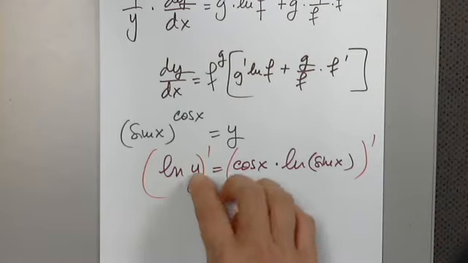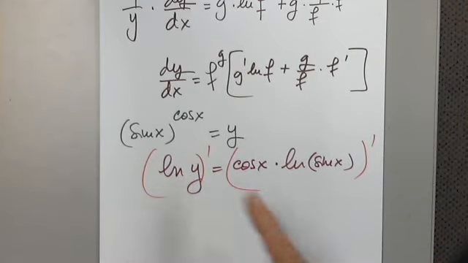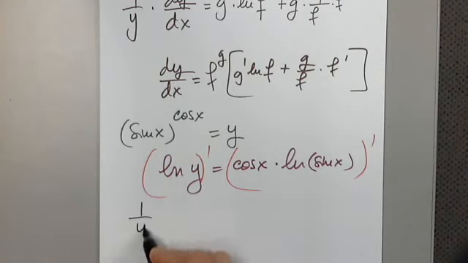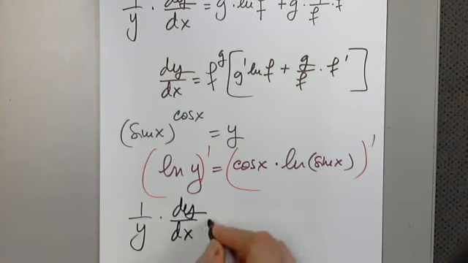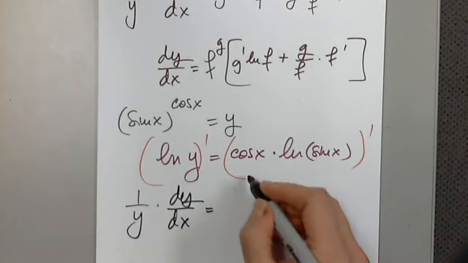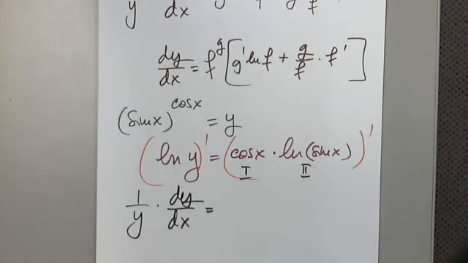Our function is y. Y is what we're interested in finding dy over dx for. So, what do I have on the left-hand side? 1 over y times dy over dx, equals. Now this is a product, so it has to change into a sum of two different quantities.